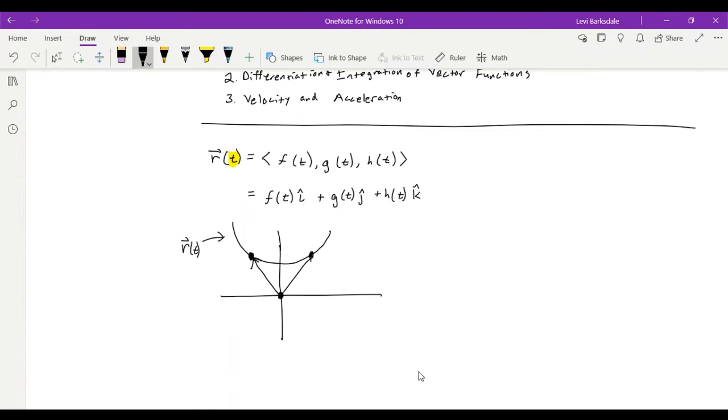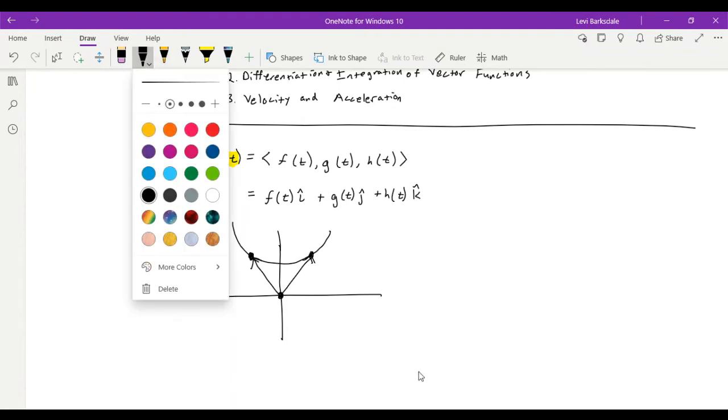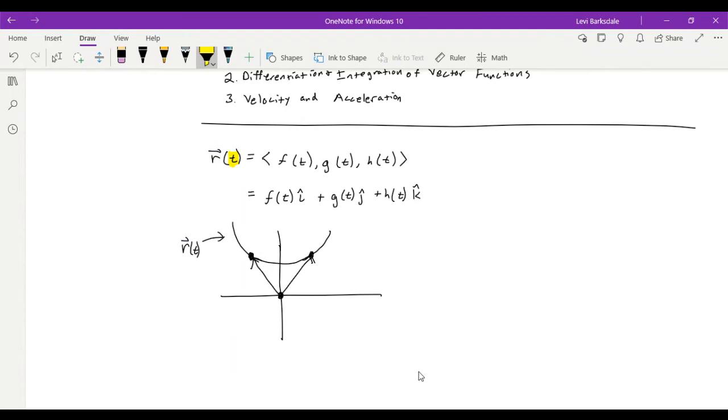What's going to happen is, as this point on the space curve moves, that is always the tip of the vector. So you can imagine our vector valued function just being the space curve traced out by the very end of this vector, and it'll follow along the space curve just like that.